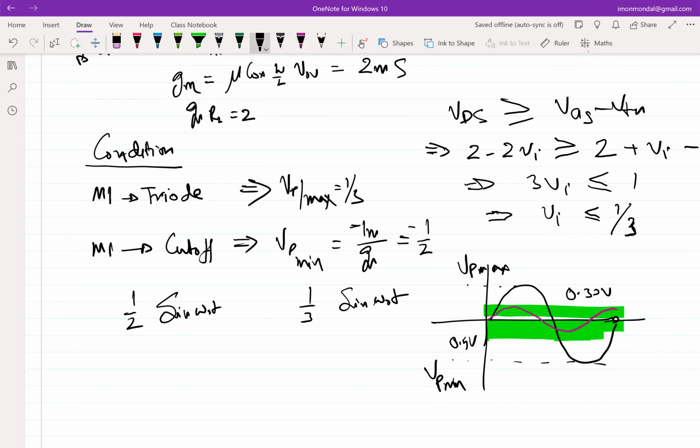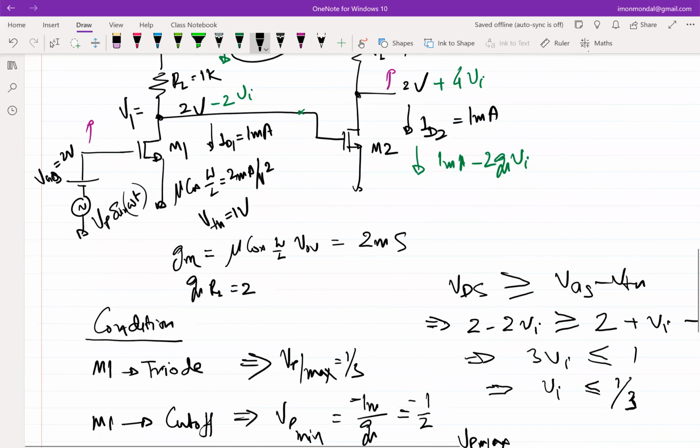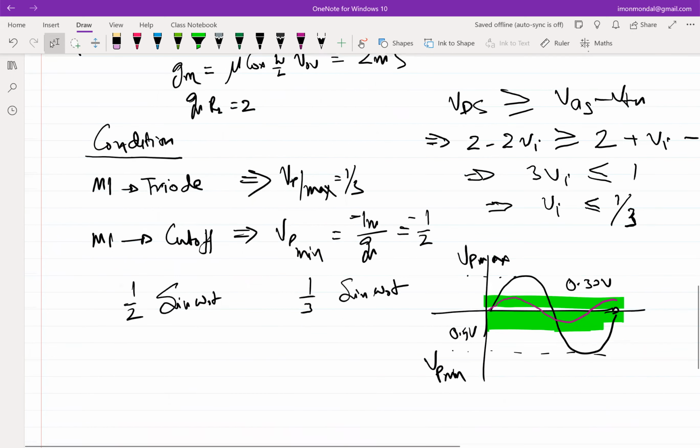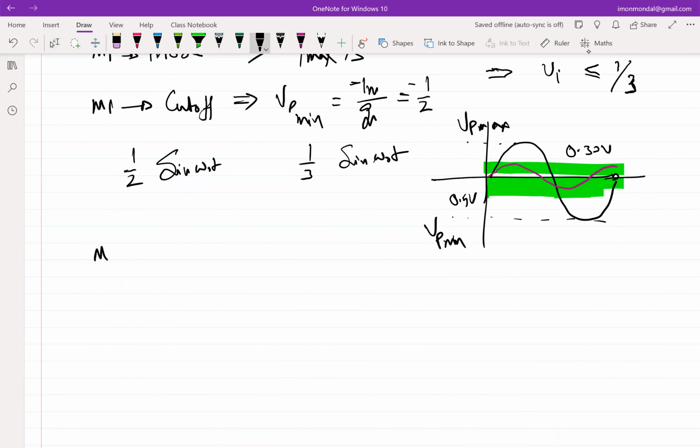Okay, so this is as far as taking only M1 into account, but our circuit also has M2. So now do the same thing for M2. What is the maximum Vi before M2 goes into cutoff? M2 cutoff.